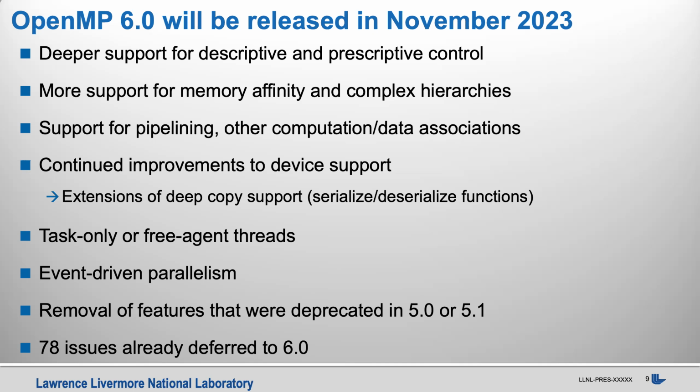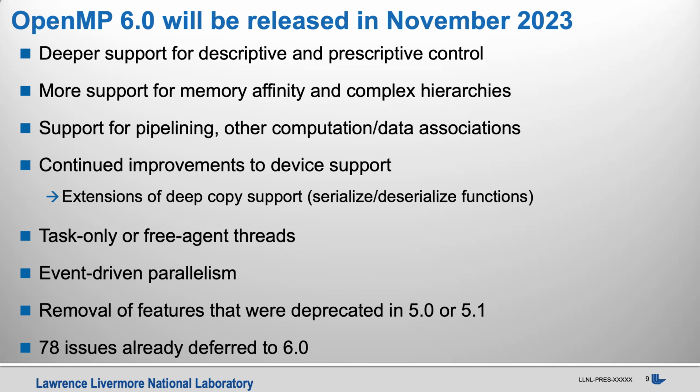We expect to have more support for memory affinity and complex memory hierarchies. We're looking at ways to support pipelining and also event-driven parallelism. So these would be better support for essentially new parallelism models for OpenMP. With these, we would pretty well cover the full range of available parallel programming patterns.